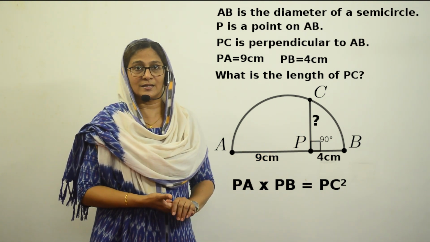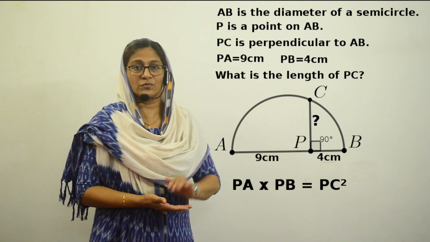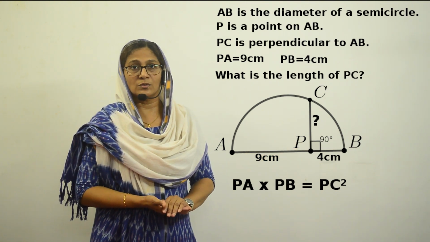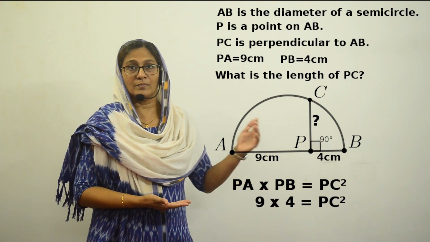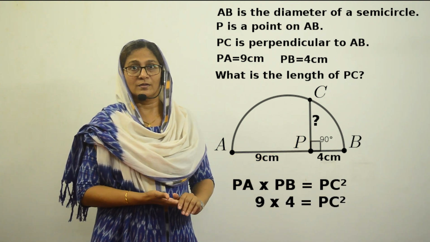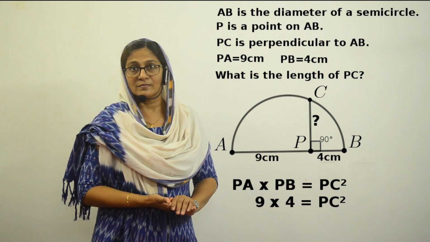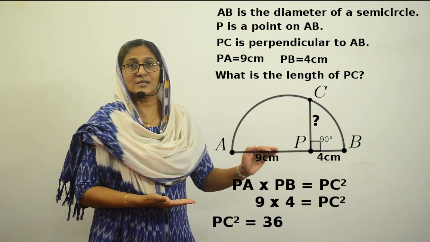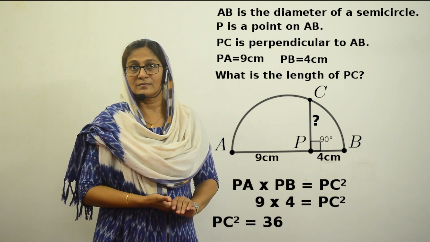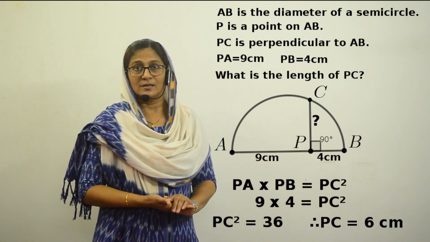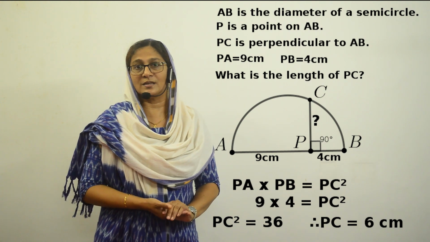PA is 9 centimeters, PB is 4 centimeters. So PA multiplied by PB will be 9 multiplied by 4, 36. PC squared is equal to 36, so PC is equal to 6 centimeters.